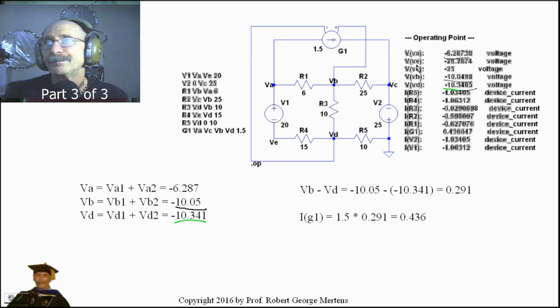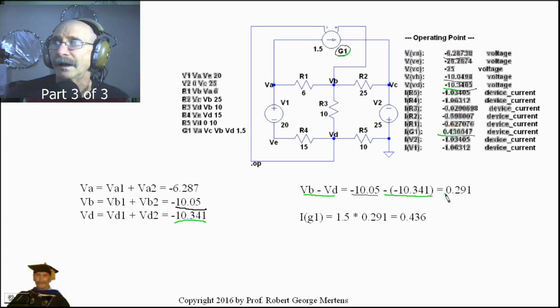The last thing we're going to look at is the current of G1. We never actually talked about what that value is, but as you can see, the current IG1 is 0.436 amps, or 436 milliamps, which is supposed to be 1.5 times the value of VB minus VD. So if we take VB and we subtract from it VD, we get minus 10.05 minus negative 10.341.